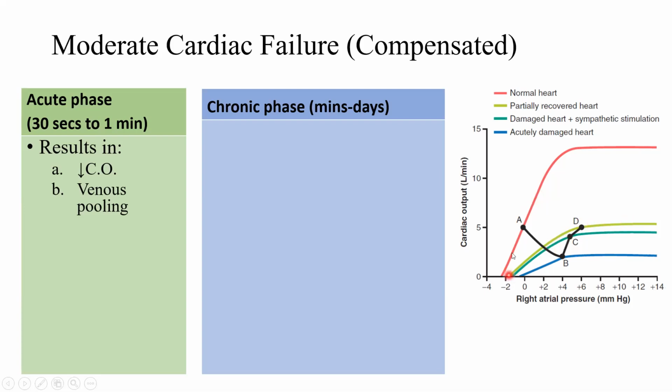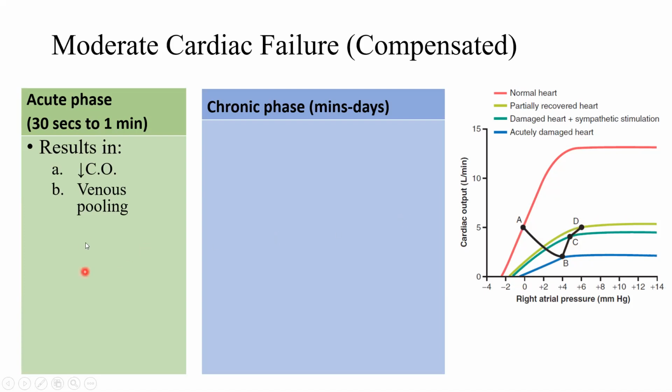So it began from this red line, normal person, heart failure took place, acute phase, then acute recovery happened, and then you have a chronic recovery that happened along this light green line, and point D then became your reference point from point A. So this is the story of the heart failure, which went from A to D.